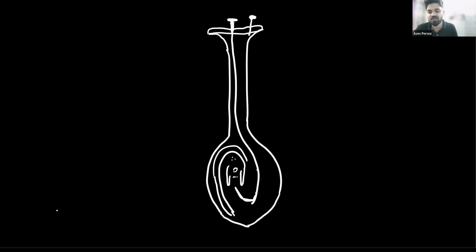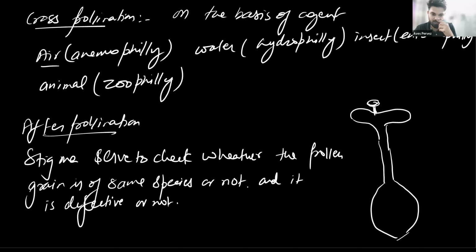These are the 3 cells here, the polar nuclei, and 3 cells including the egg cell. This is an ovule that we have drawn here, and it is inside the ovary. Got it? Understood, everybody?